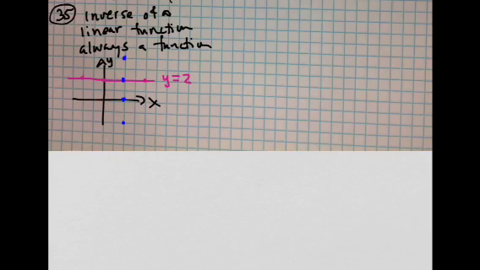So see how we're forming the inverse of the pink line? But this one is no longer a function because it fails the vertical line test. So this is x equals 2, and it's not a function. So the statement is false because we found one example where it doesn't work.